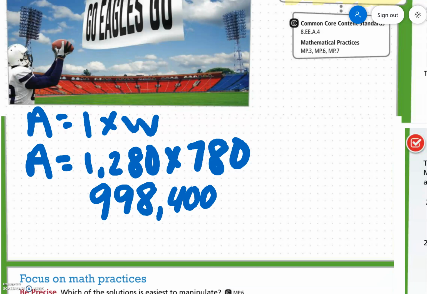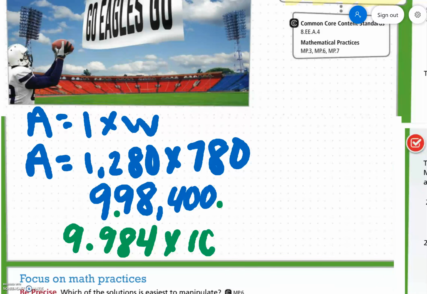But looking back at our knowledge of scientific notation, we could express the answer like this. We could also put it in scientific notation and write it as 9.984 times 10 to the 1, 2, 3, 4, 5. Remember, since it's a big number, we get a positive 5.